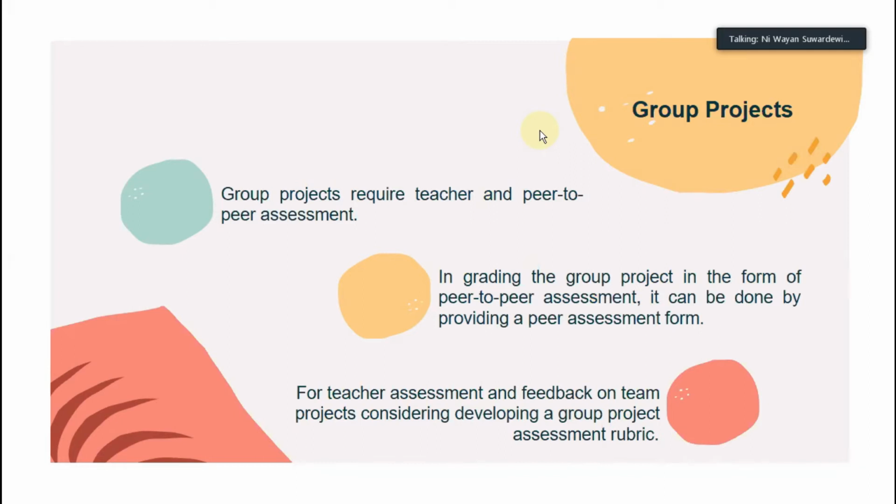It means that in this group project, the teacher can assess the students from the teacher's own perspective and from the group members' perspective. And the second one is grading the group project in the form of peer-to-peer assessment. It can be done by providing a peer assessment form.